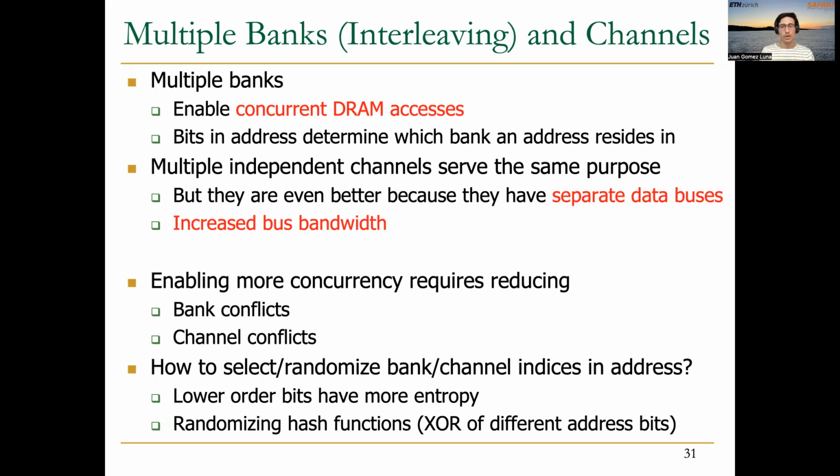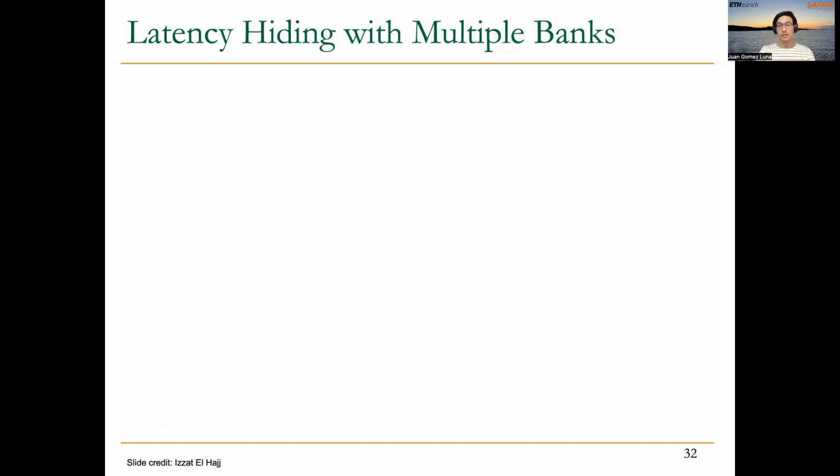That's why I gave earlier the example of placing consecutive elements in consecutive banks. We are going to talk a little bit more about these techniques to try to avoid bank conflicts. But let's first see how the latency can be hidden even more if we use multiple banks or multiple channels.